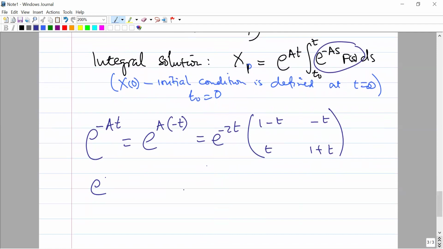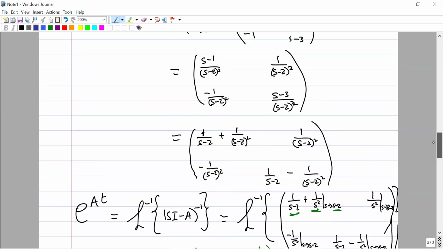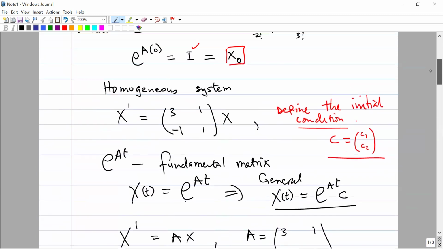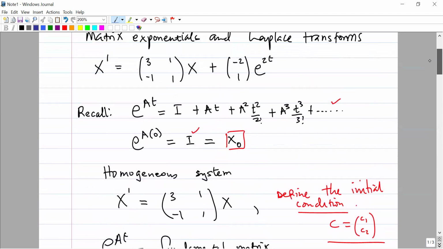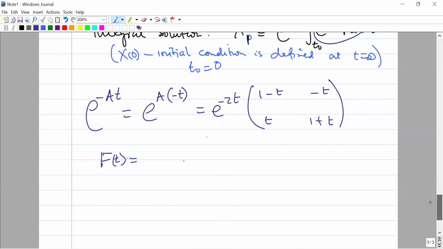And we want to multiply by, okay, what is f of s? f of t here is given in the original question: minus 2, 1 times e to the power 2t. So that's minus 2, 1 times e to the power 2t.